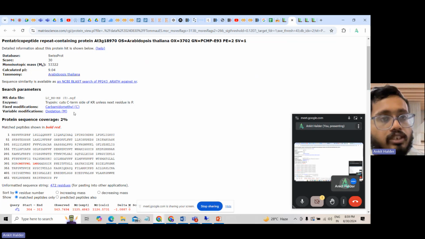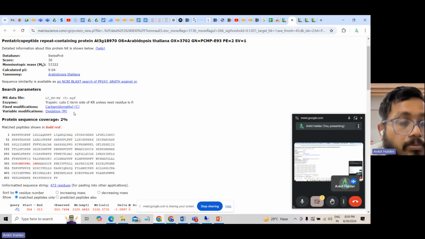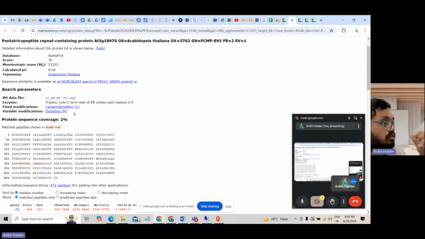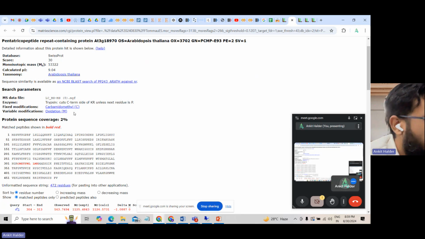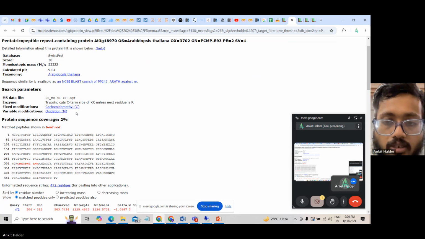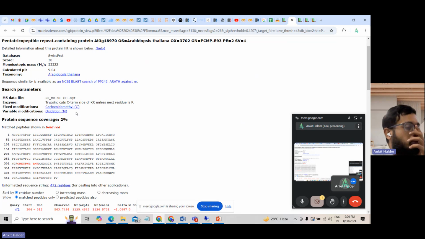But with high confidence and high coverage, we will take the protein that has 41% coverage to take it forward. That's why it becomes quite important for us to understand which particular protein we are to take.